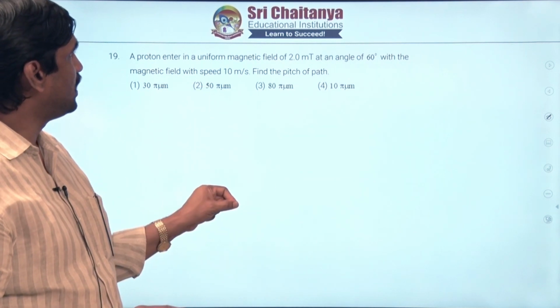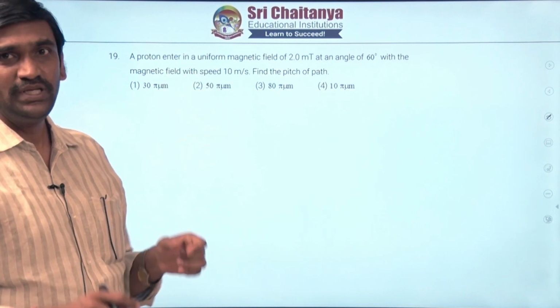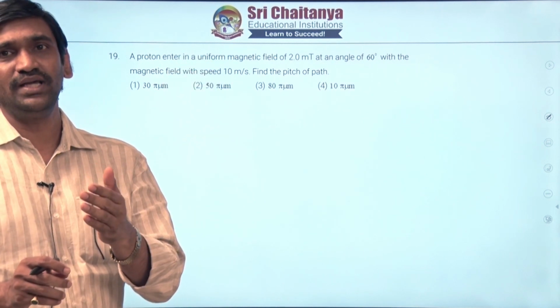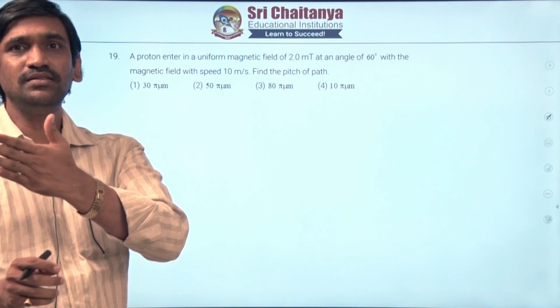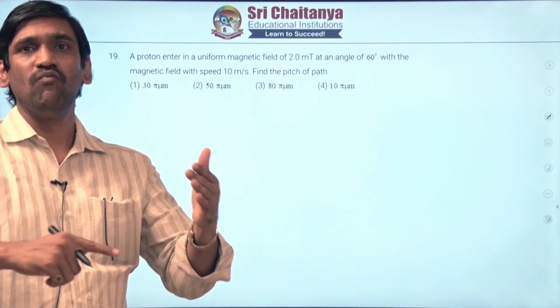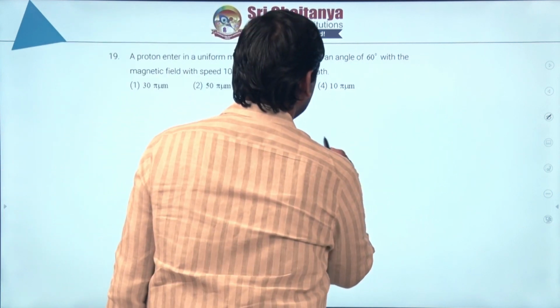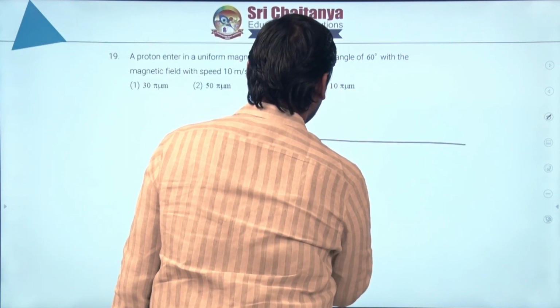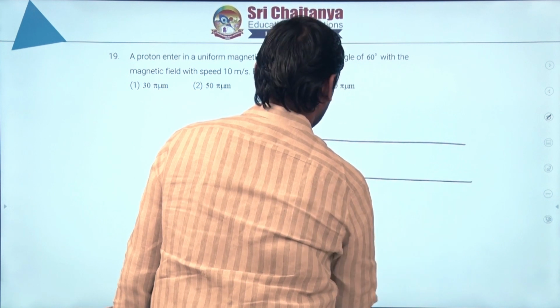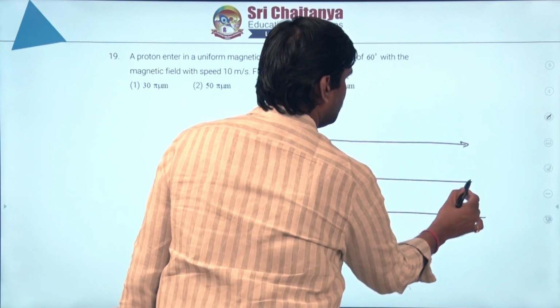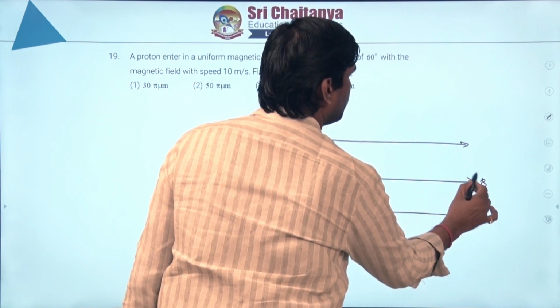For that helical path, what is the pitch? Pitch means the distance travelled by the charged particle along the direction of field during one time period. This is the magnetic field of induction B bar.